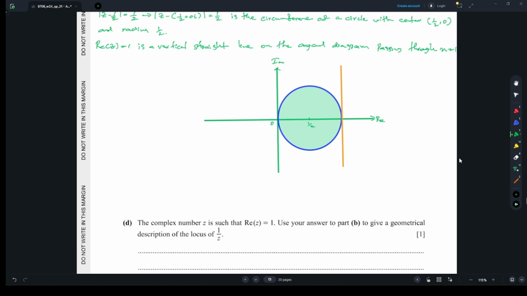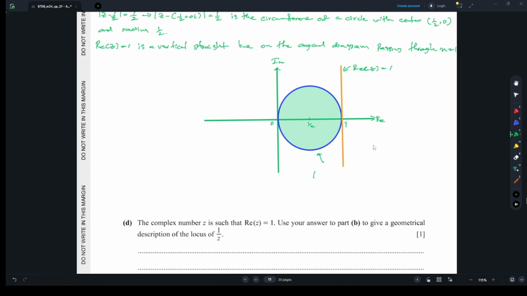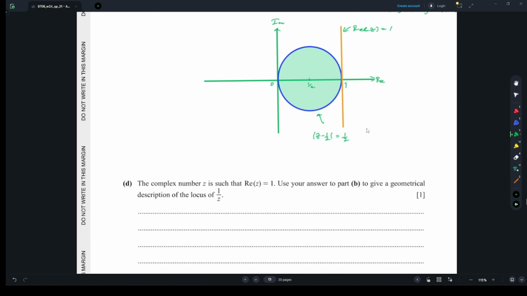So this is at 1. So this is actually real z equals to 1, and this one z minus half equals to half. Okay, so this is the answer.